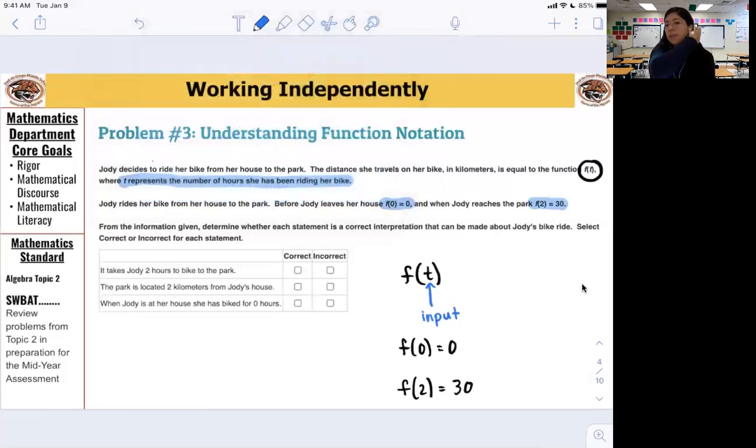Well, let's talk about what the input represents. I know that the variable t is my input, and then I read in the problem that t represents the number of hours she is riding her bike. So the input is the number of hours. So when f of 0 equals 0, this is telling me that she has been riding her bike for 0 hours. That's the input. F of 2 tells me that she's been riding her bike for 2 hours.